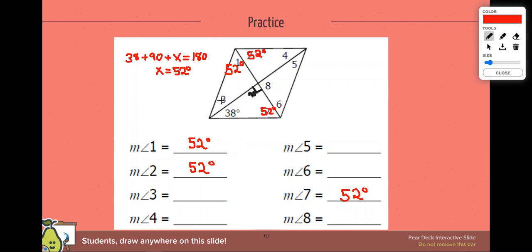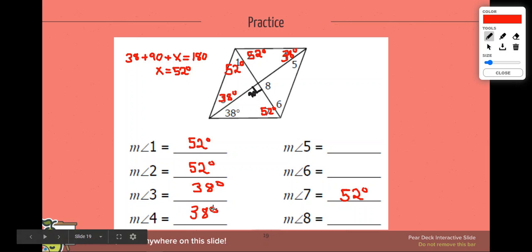Angle 3, again, because the angles are bisected by their diagonals, has to be congruent with 38 degrees. And the same with angle 4. We know that this angle is 38 degrees, so this one has to be 38 degrees because of alternate interior angles.